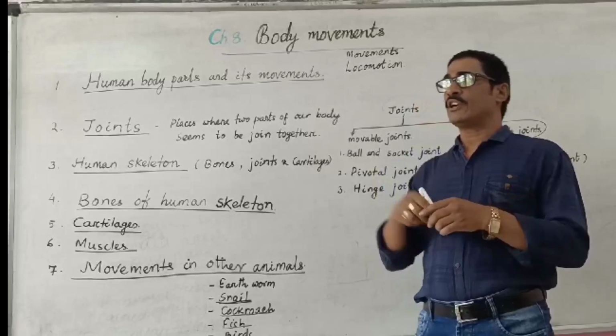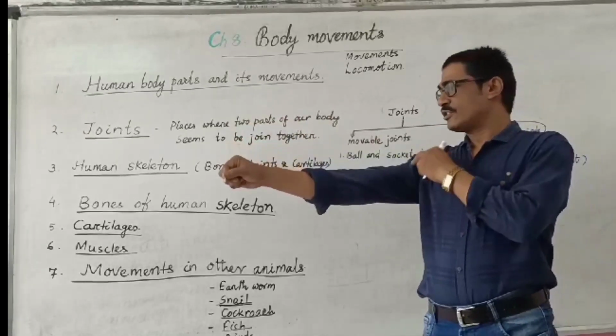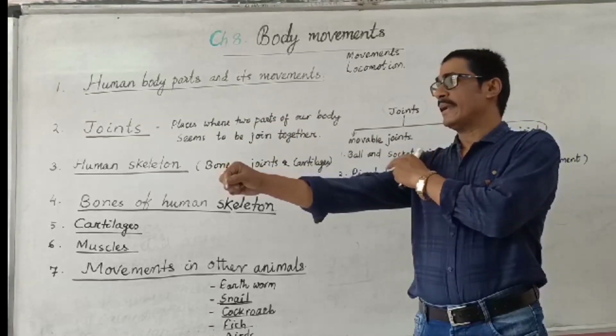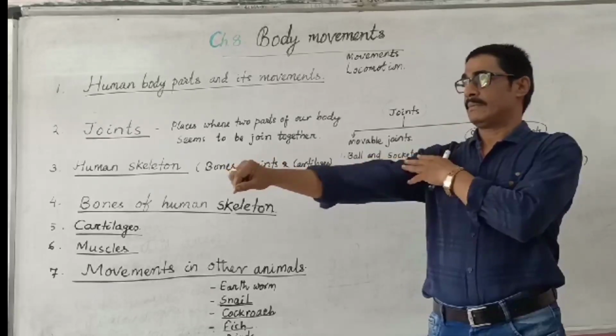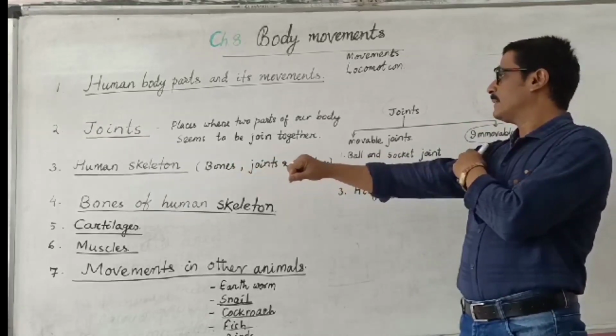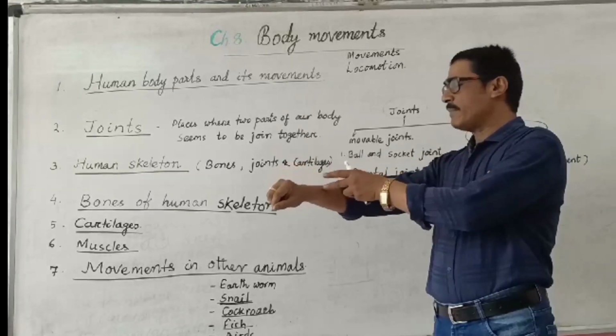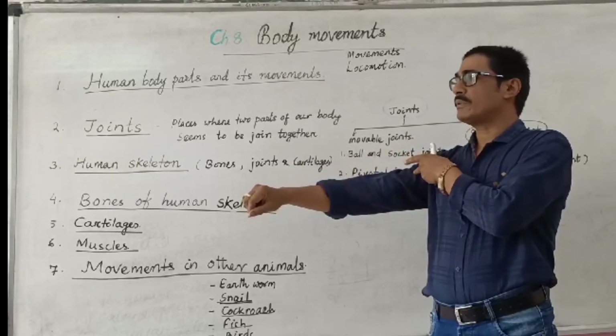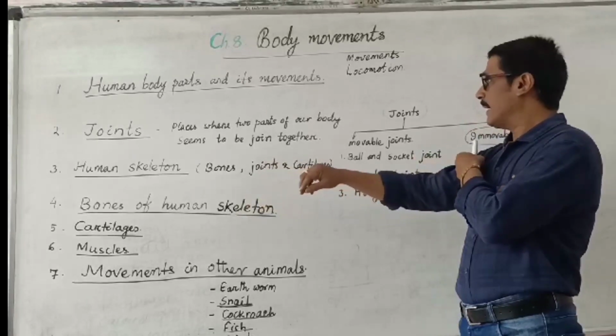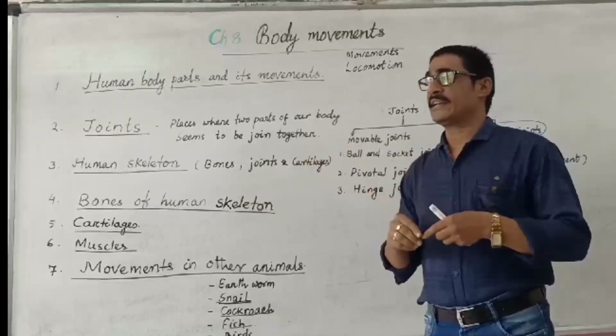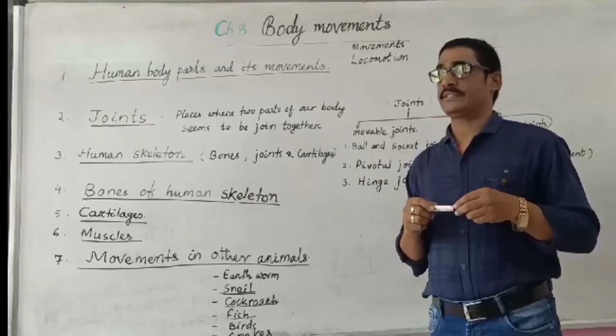For example, your arm consists of the forearm and the upper arm. They consist of bones, and the bones are joined together, and these places are called joints.